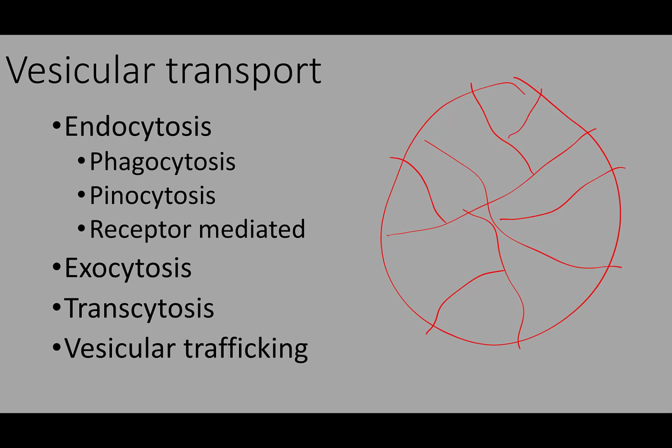And vesicles are moving along these roadways to get to specific locations in the cell. Vesicles travel along these roadways to get to where they need to go. That is vesicular trafficking. Vesicles are moving to specific locations in the cell.